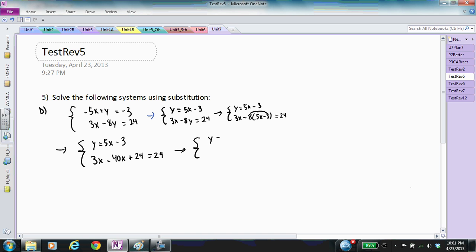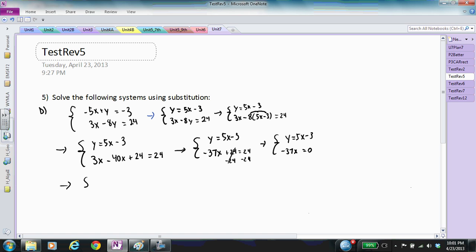So the top equation is still the same, y equals 5x minus 3. Now on the bottom I get negative 37x plus 24 equals 24, and subtracting 24 from both sides, I get top equation stays the same, and in the bottom equation I get negative 37x equals 0.